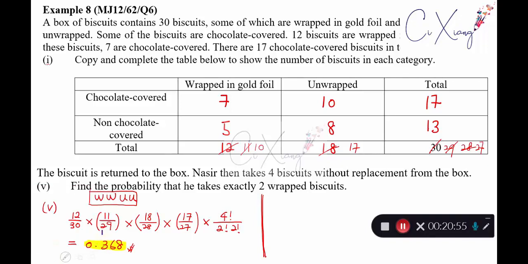How about the other method? For method number 2, generally it also involves the concept that we learned before in chapter 2. So maybe we can use combination.